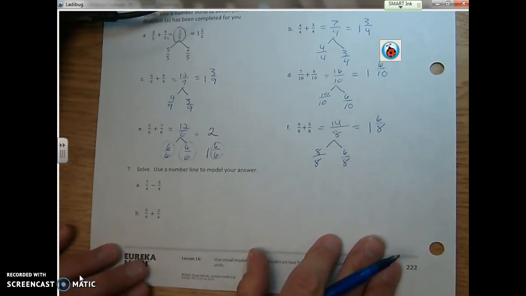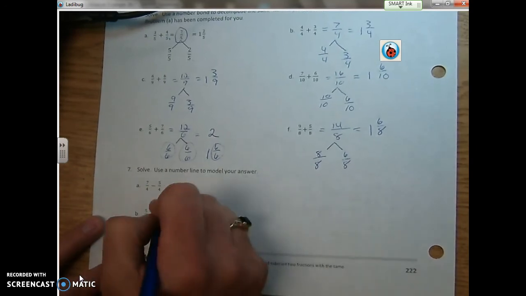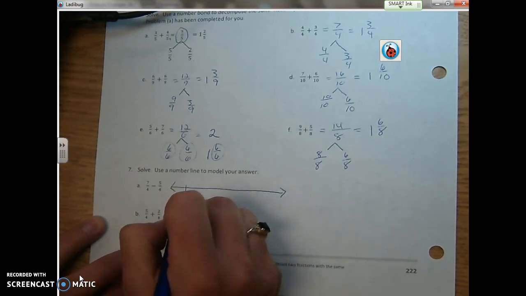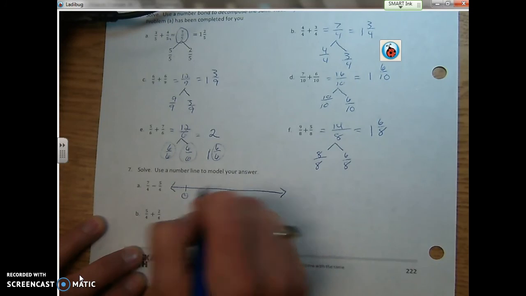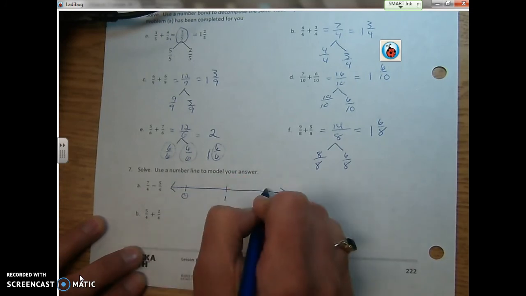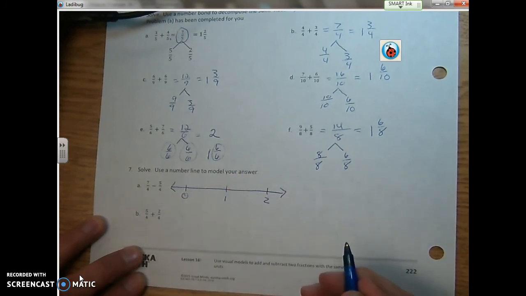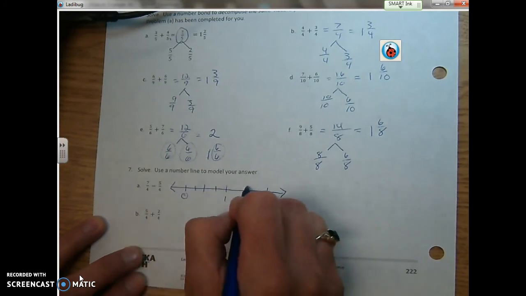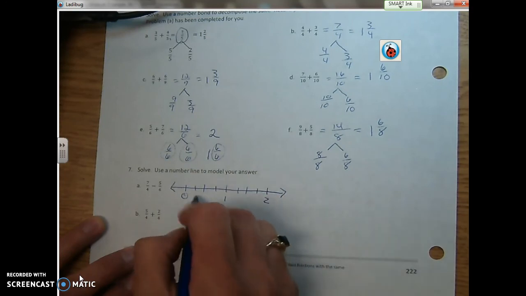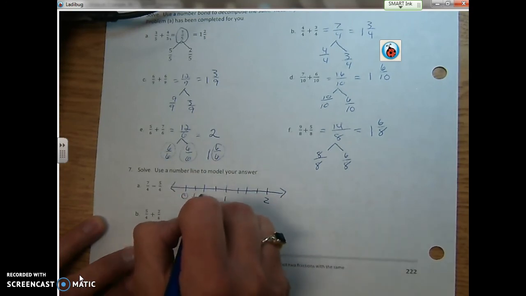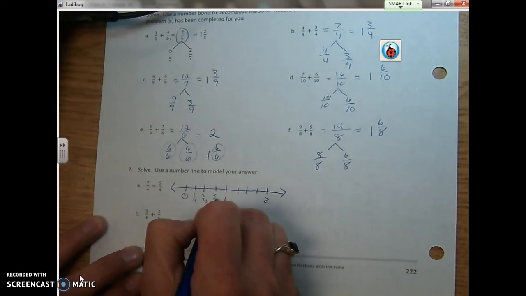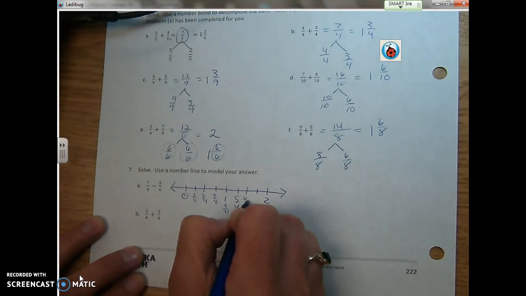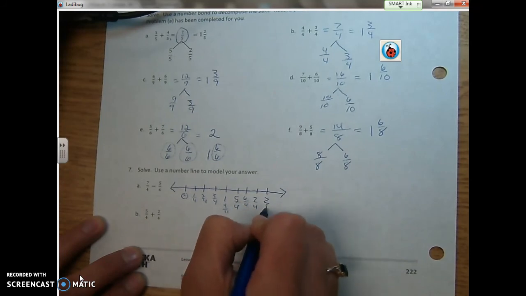Okay, number 7 says to use a number line to model your answer. All right, so we're going to make a number line. This is going to be 0, 1, 2. We're going to divide it up into fourths. Okay, so this is 1/4, 2/4, 3/4, 4/4, 5/4, 6/4, 7/4, 8/4.